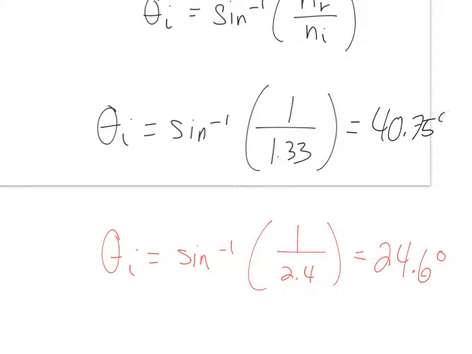So take a look, guys. Come on, refocus. For water going to air, the angle has to be around 48 degrees. 48 degrees you have to be at for this to cause total internal reflection. But once the light ray goes into the diamond, this is absurd.